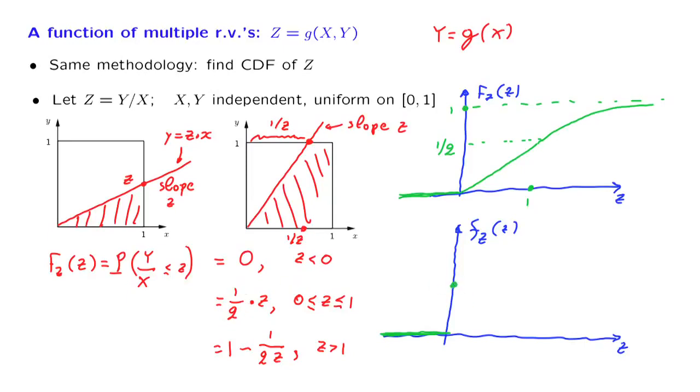So the PDF is equal to 1/2 for z's between 0 and 1. And finally, in this region, this is the formula for the CDF. When we take the derivative, we get the expression 1 over 2z squared, which is a function that decreases as z goes to infinity, so it has a shape like this one.